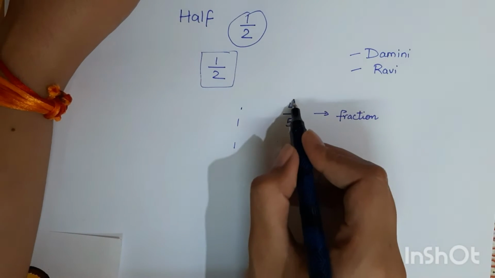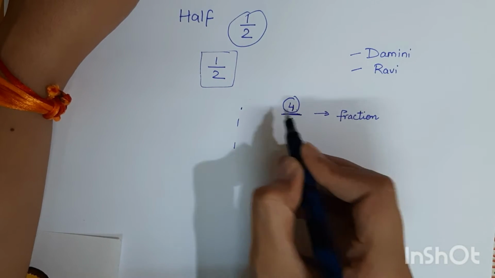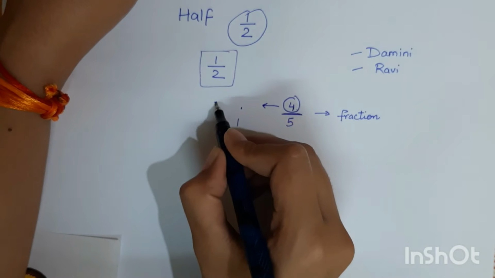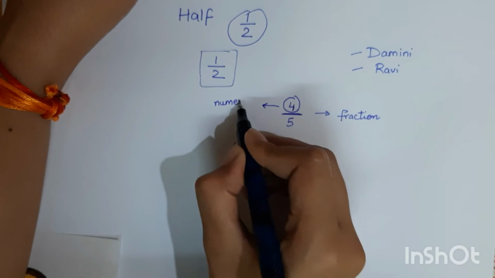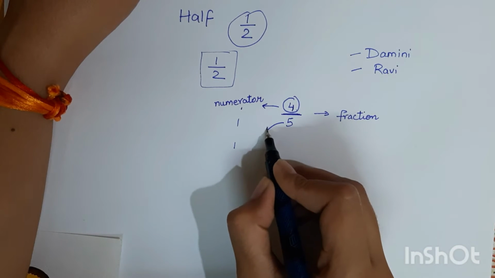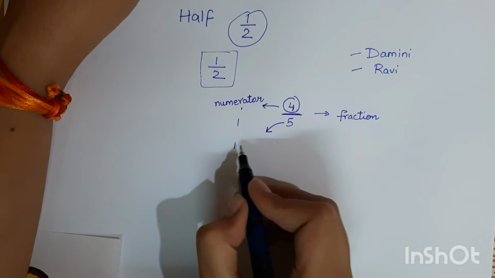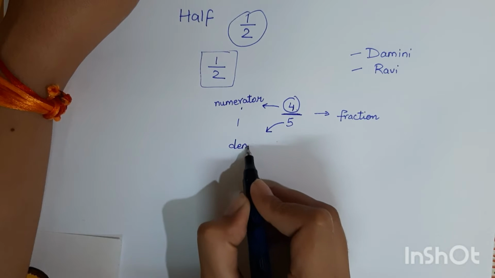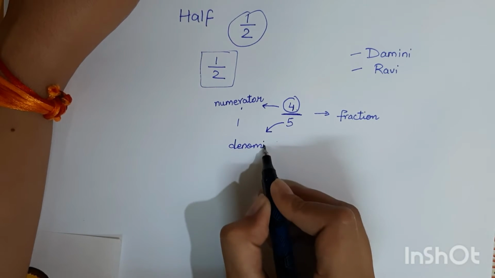The upper part of this line is known as the numerator and the below part is known as the denominator.